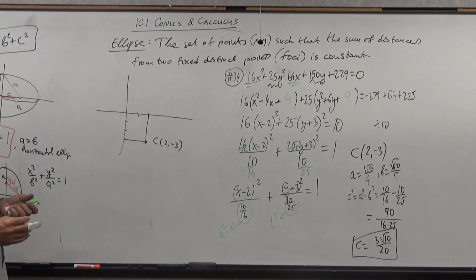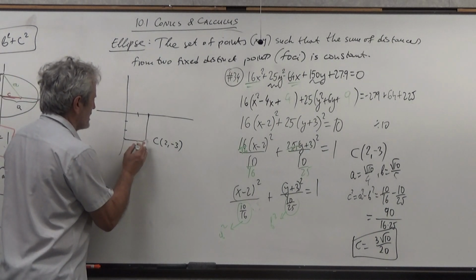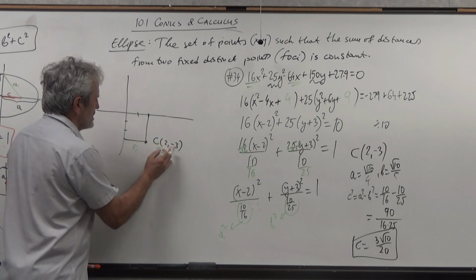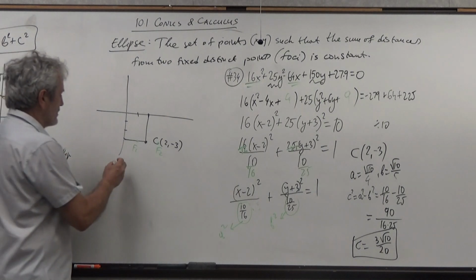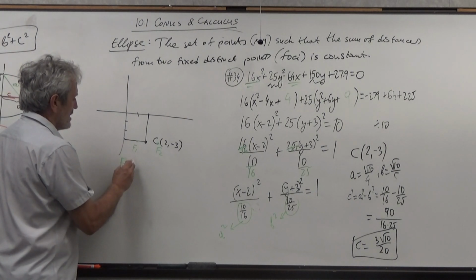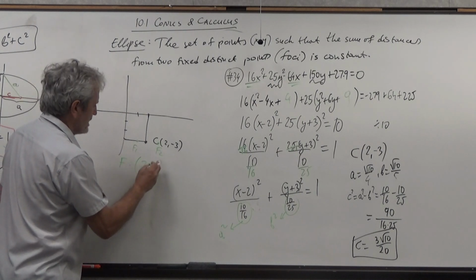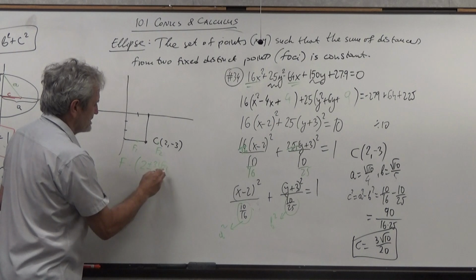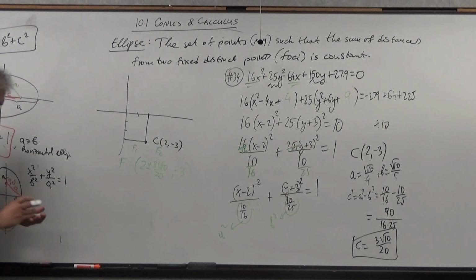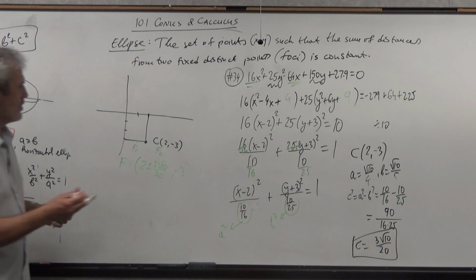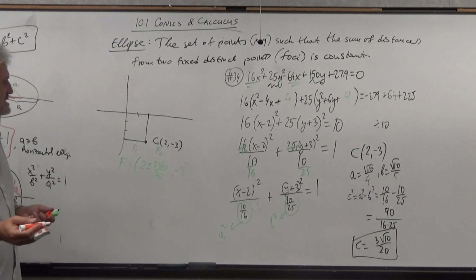And then it's horizontal, so foci are left and right. So focus 1, focus 2. So I keep y, I keep the height, and I go left and right. So foci, I have 2 plus or minus 3 root 10 over 20, and then negative 3. I went from here to left and right to get my 2 foci.